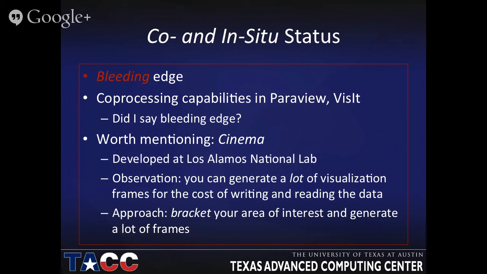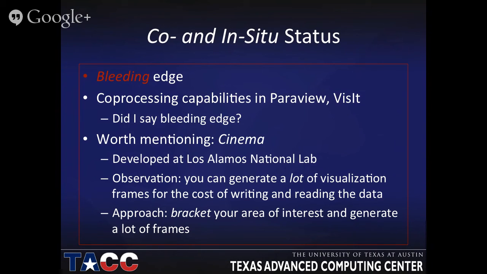The other thing I wanted to mention is some stuff we're doing now with Los Alamos National Lab, which finds a nice middle ground between the flexibility of post-process visualization and the performance of in situ visualization by essentially allowing you to bracket your areas of interest.